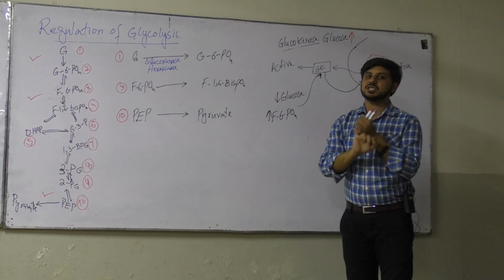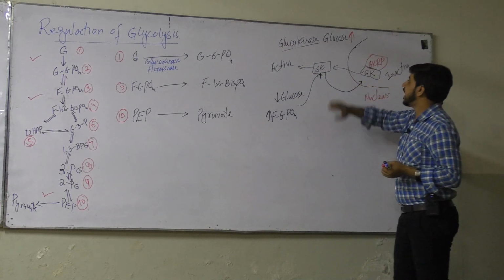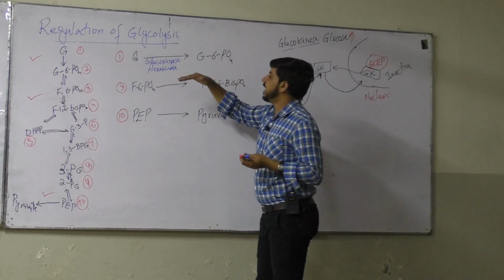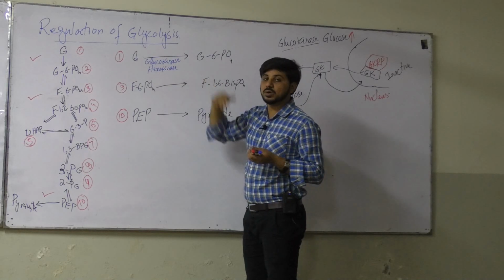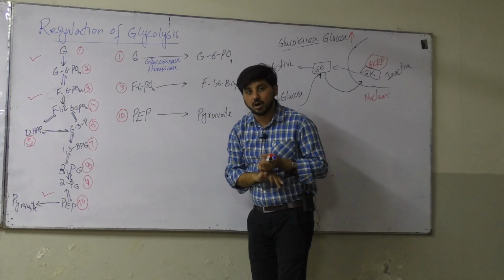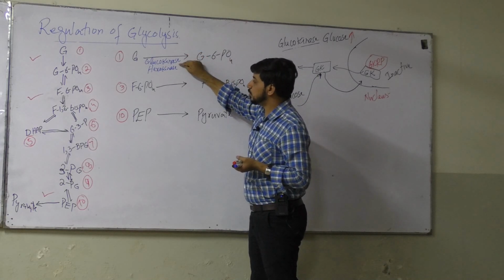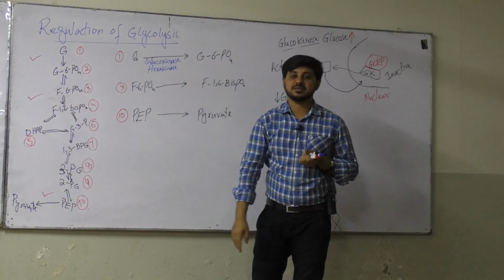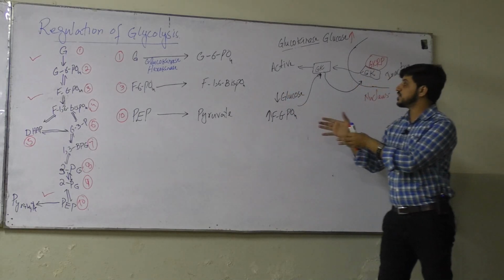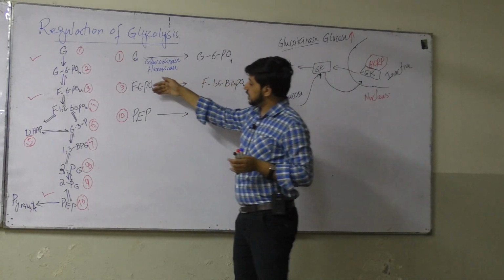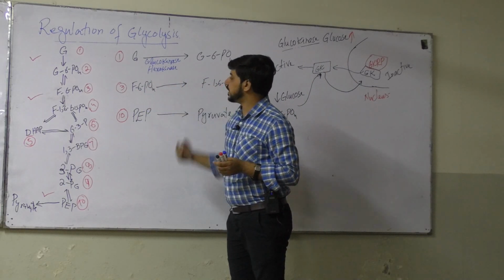So insulin is responsible for the activation of the glucokinase enzyme or the hexokinase enzyme. And glucagon, what about the glucagon? Glucagon simply inhibits the glucokinase as well as the hexokinase activity. So this is the first regulatory step. And next comes the second regulatory step.